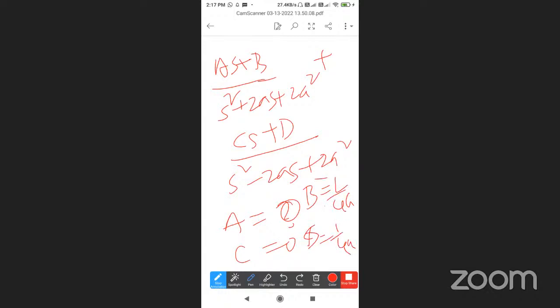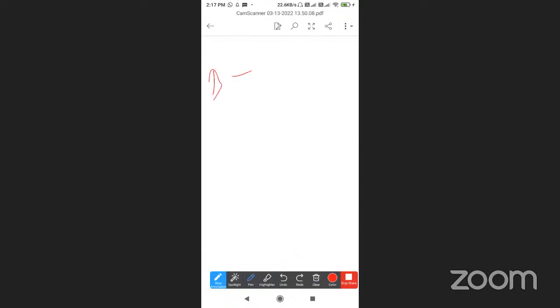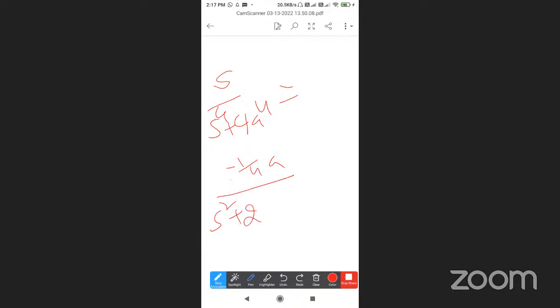So we can substitute: s by s to the power of 4 plus 4a to the power of 4 is equal to, with A value 0, B value minus 1 by 4a by s square plus 2as plus 2a square, plus C value 0, D value 1 by 4a by the same denominator, s square minus 2as plus 2a square. So this is simplified.